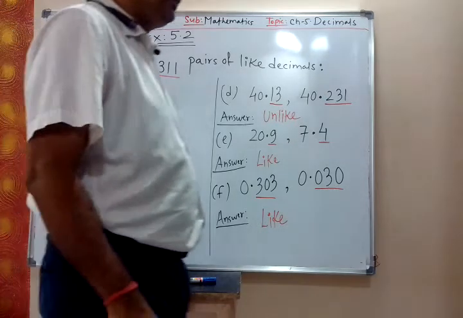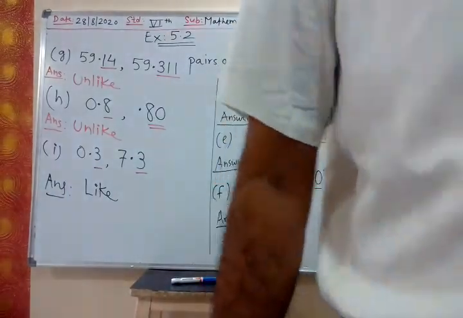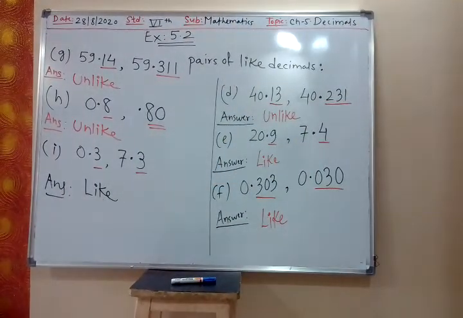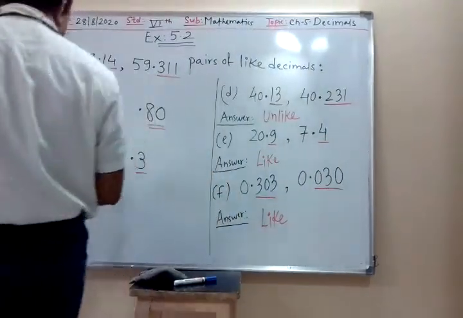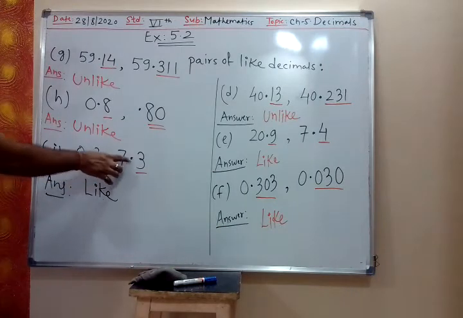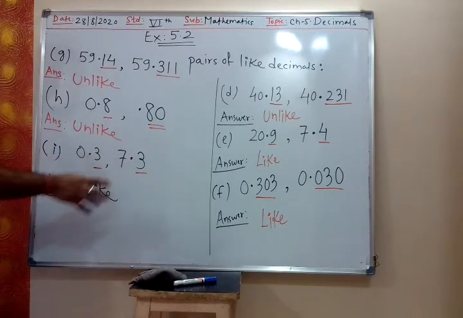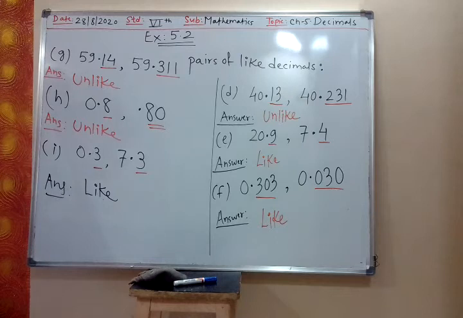After point or decimal, we count the number of digits. Now after decimal there is one digit, after point there is one digit, so they are same.